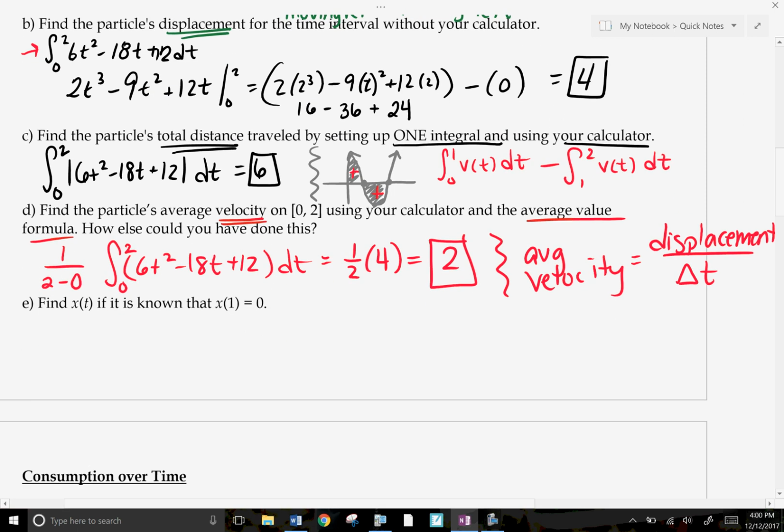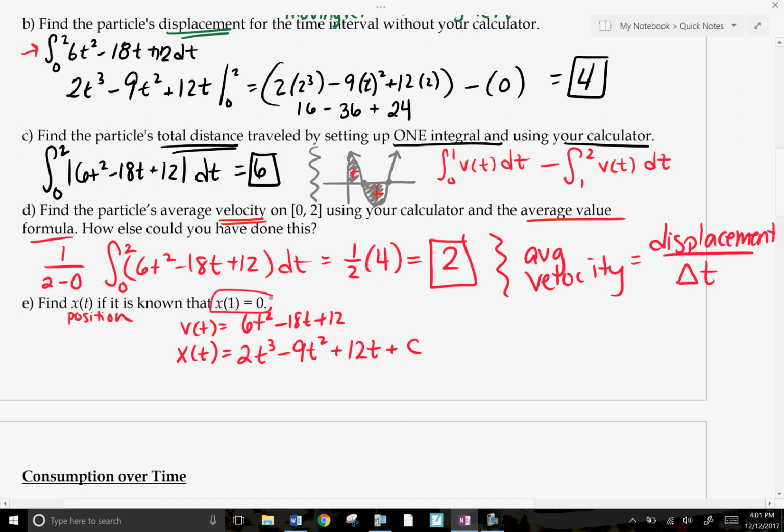And then last but not least, it says find x of t if it's known that x of 1 is 0. X of t, this is going to be my position function. So if my velocity is 6t squared minus 18t plus 12, then my position function is the antiderivative. Add 1 to the power, divide by the new power: 2t cubed minus 9t squared plus 12t plus c.